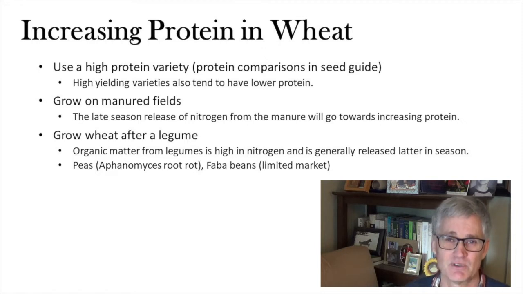It's not like it's an option for everybody, and it's certainly not an option for every field. We could grow wheat after a legume, such as peas, for example. But peas have lost favor with producers because we've had problems with root rot diseases, such as Aphanomyces. Faba beans, that's a good option too, but there's a limited market opportunity for them.